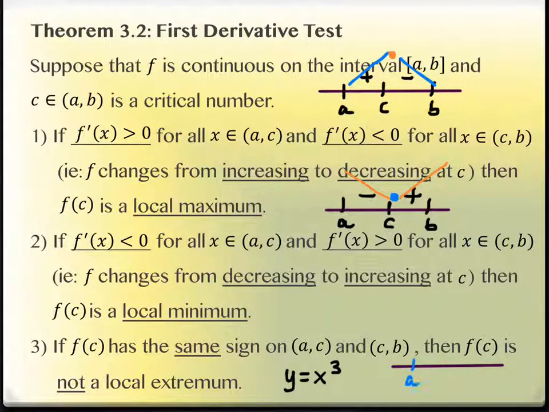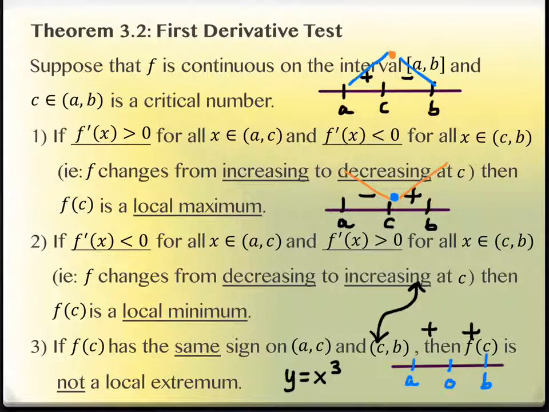So here's A, and here's 0, and here's B. If we were to look at this one and find the derivative and set it equal to 0 and test it, we'd get a positive on both of these. The graph's increasing on both sides. So it flattens out in between, but it does not have a peak or a valley. And of course the visual picture that we all are remembering hopefully looks something like this. It's that flattening out space in between. It is increasing at the beginning, it's increasing at the end, and it flattens out in the middle.